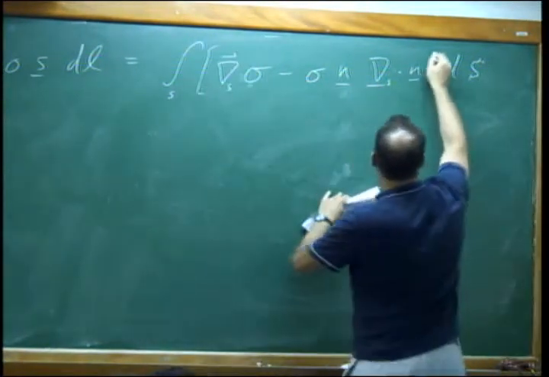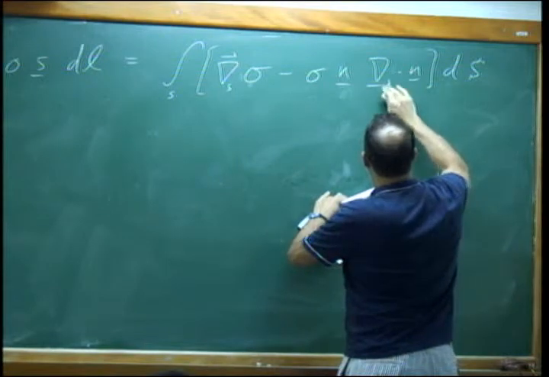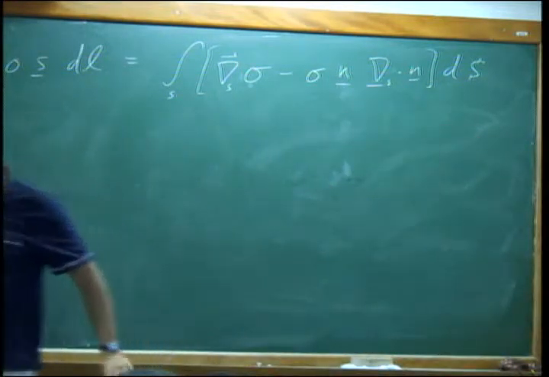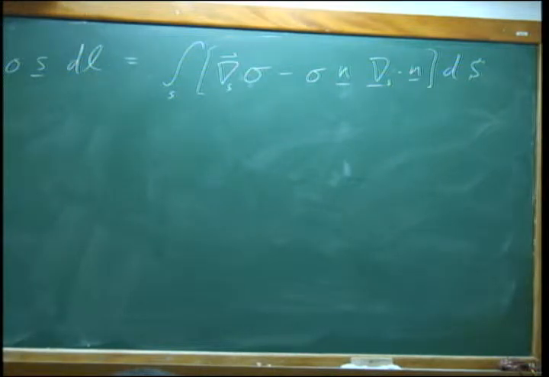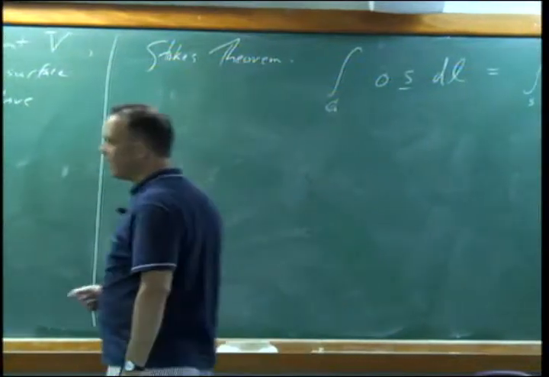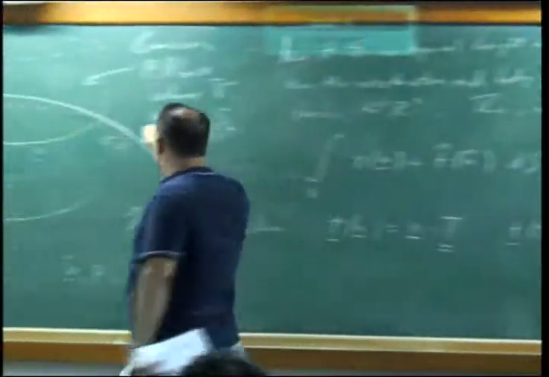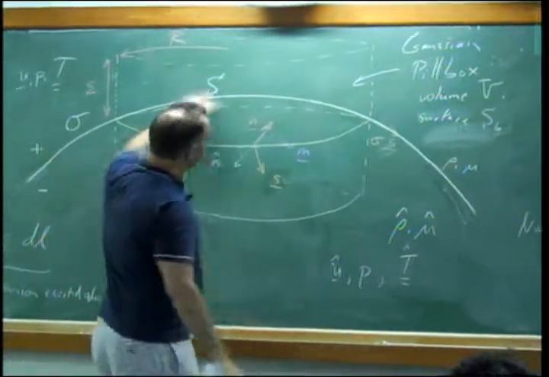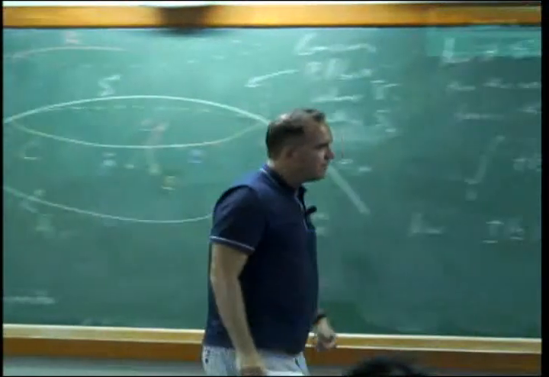There are two components. This is actually an important step, and it's important that you understand it. If you want to be able to derive it, that's your own business, but we need to understand what it actually means. It's saying that taking the line integral around here is the same as taking a surface integral of two things.